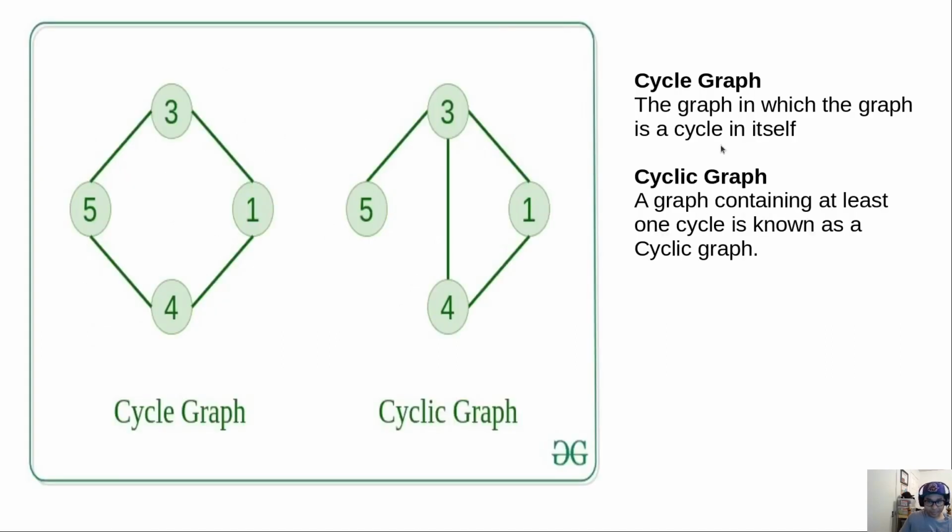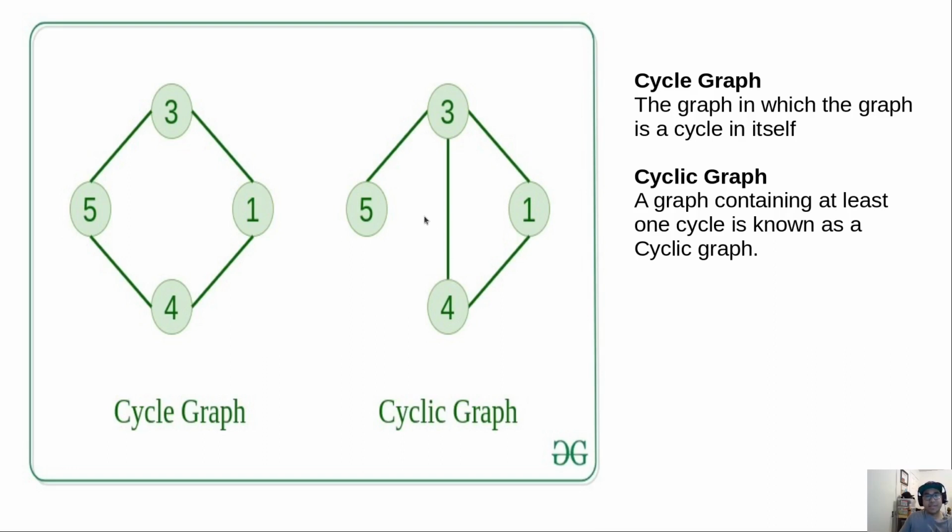And then there's cycle graph and there's cyclic graph. In a cycle graph, the cycle forms itself. You can see it's just one big cycle. As you can see from 3, if I go visit all the nodes, I'm back at 3, where I started. From 5, if I visit all other nodes, I'm back at 5. The cyclic graph is at least containing one cycle.